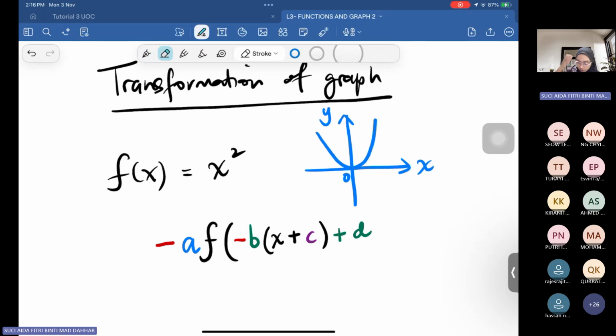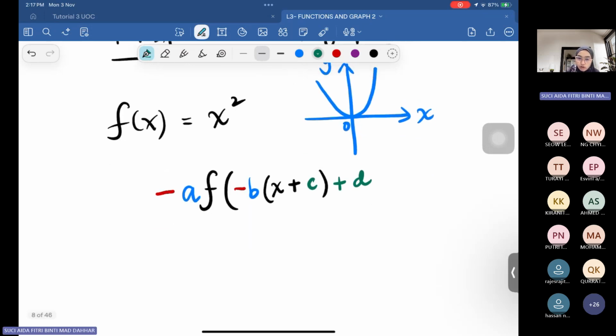Let me use the same color for a and b, and for c, I'm going to use the green color. So this is the general form of the transformed graph.